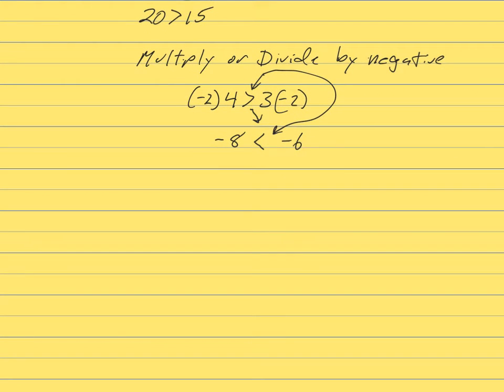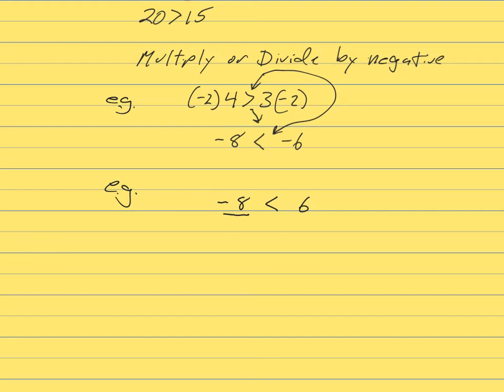Let's try one more, just so you can get a little bit more of a sense of what's going on. We do a division. So let's take something arbitrary, negative 8 is less than 6. So here's another example. Now, in this case, what I'm going to do is not multiply by negative 2, let me just divide by negative 2 and see what happens.